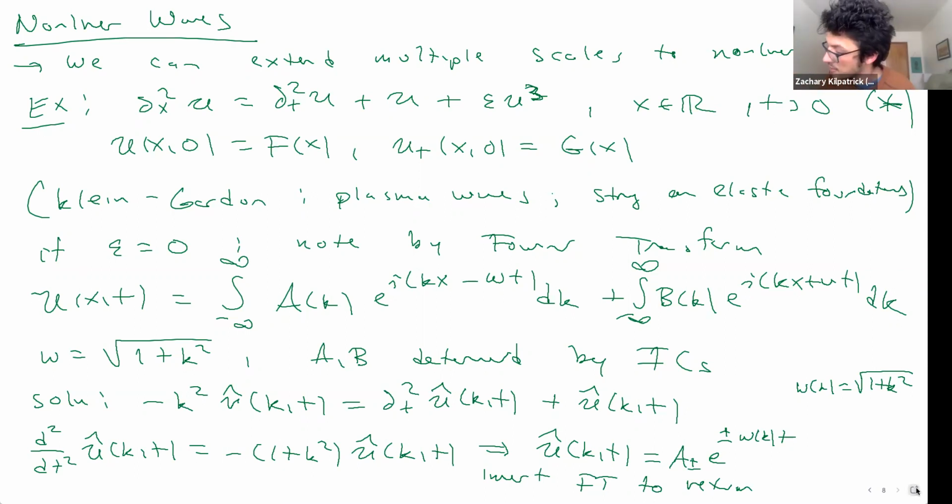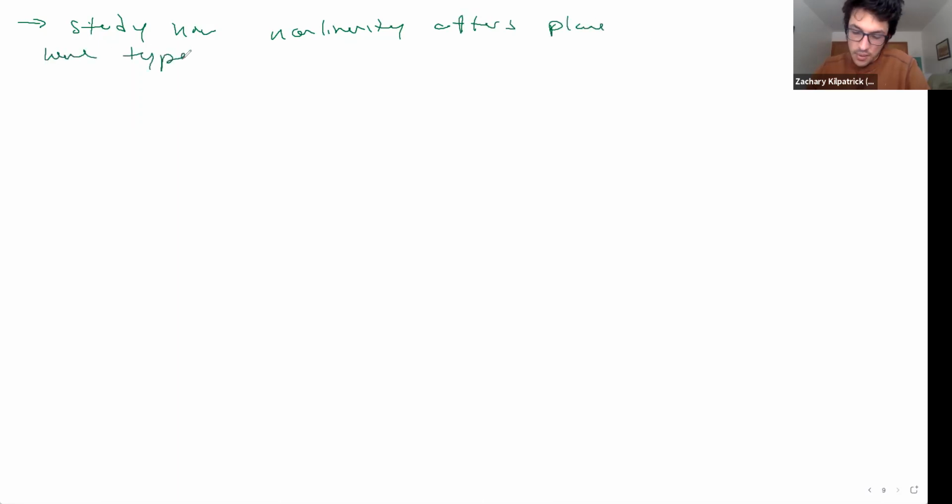Now, that's the linear equation, but of course we're interested in how the nonlinearity changes things. So, guided by this, we can study how nonlinearity alters these plane wave type solutions, u plus or minus equals e to the i(kx plus or minus omega t).